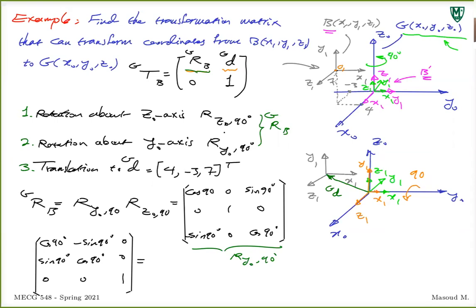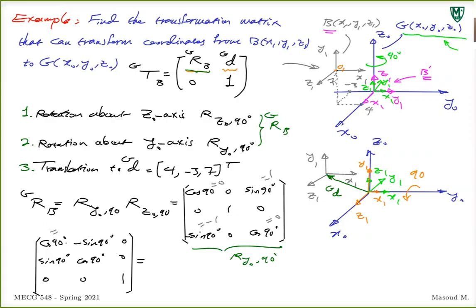Well, these values are actually pretty straightforward. Cosine 90 degrees and sine 90 degrees, we can just plug in the values as 0, 1, and minus 1, so it makes the multiplication pretty easy, I would say. Cosine is 0, sine is 1, this is minus 1, and this is also 0.